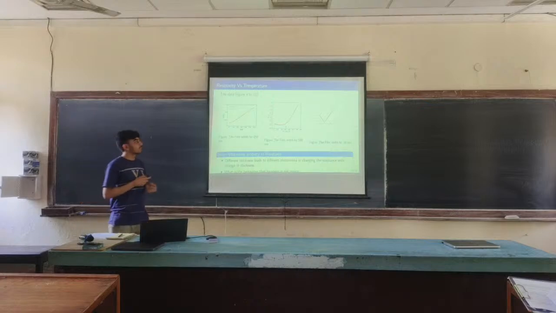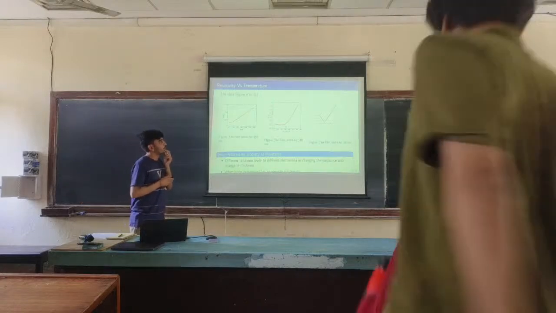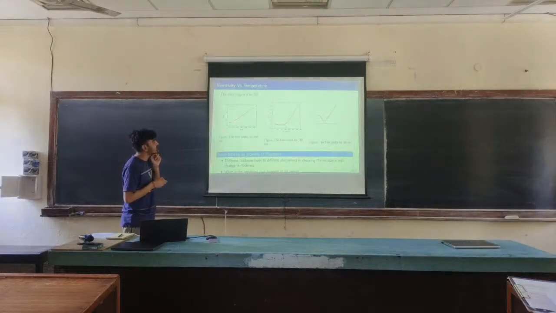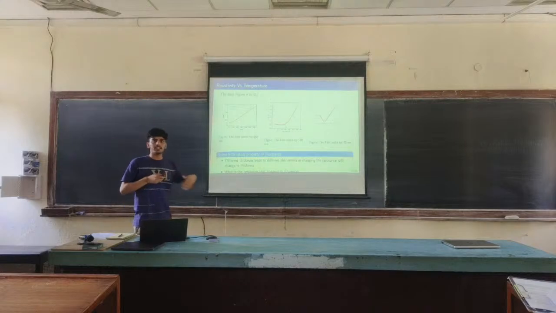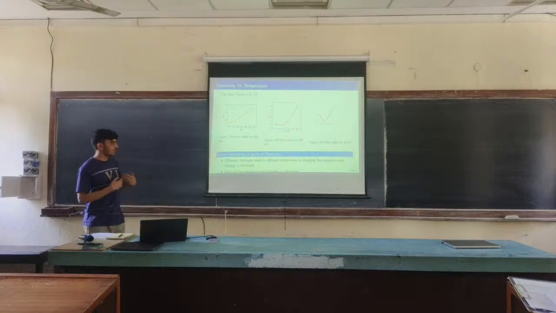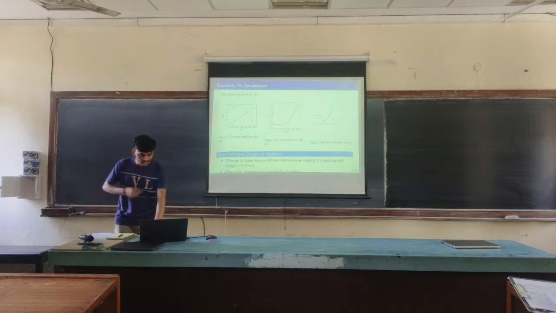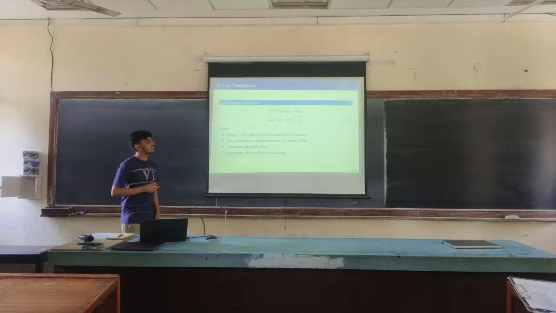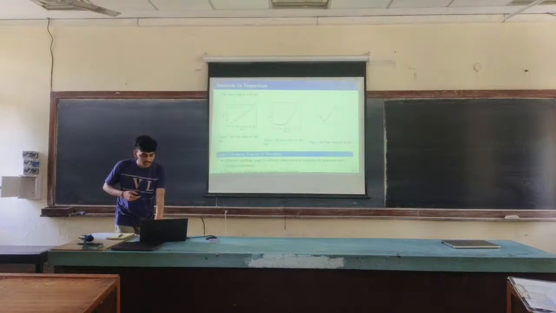But there is an interesting phenomenon: with different thicknesses, we get different resistance, with different changes in resistance with temperature. Initially we were not sure what was going on, but then I read some research papers and understood what is happening in the low temperature region.